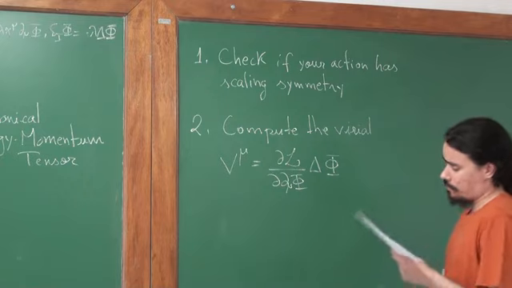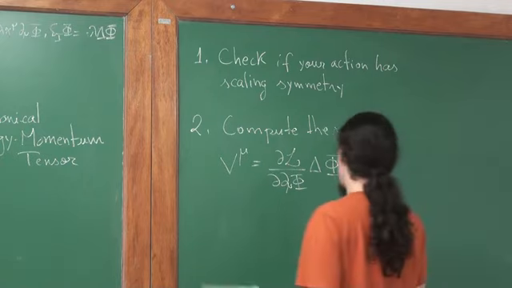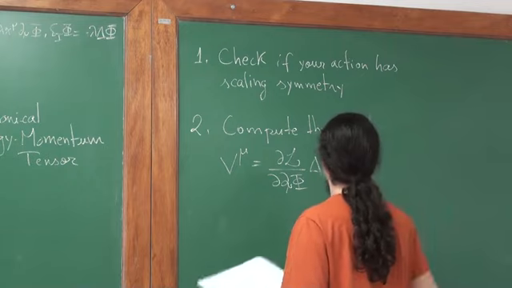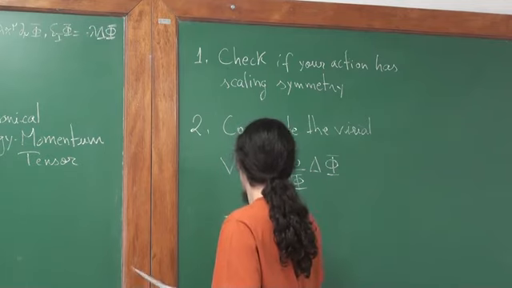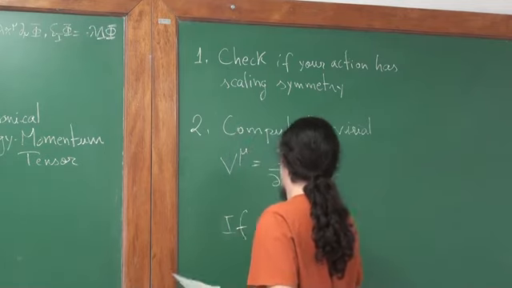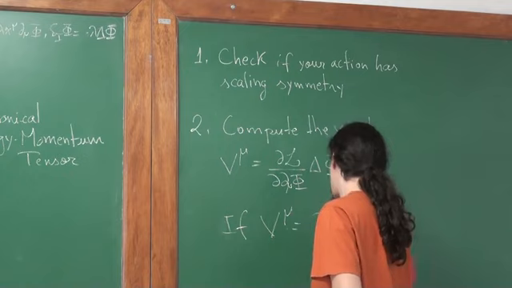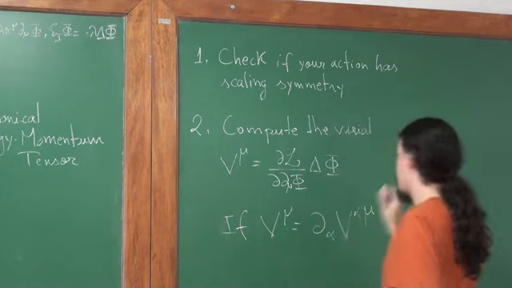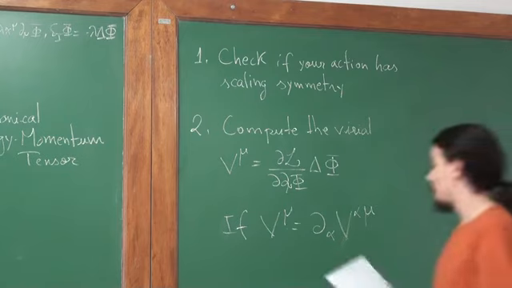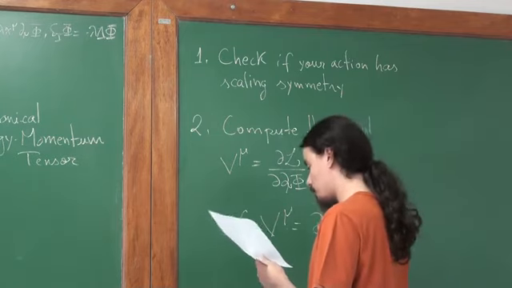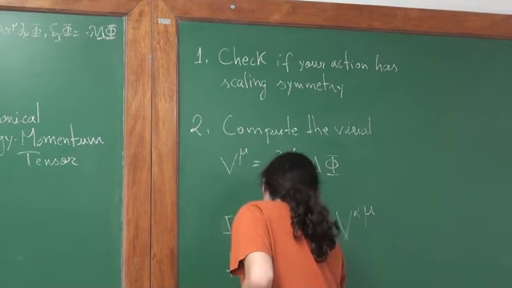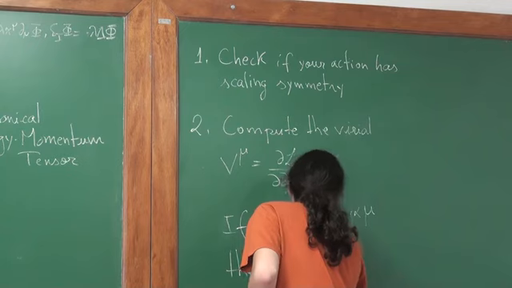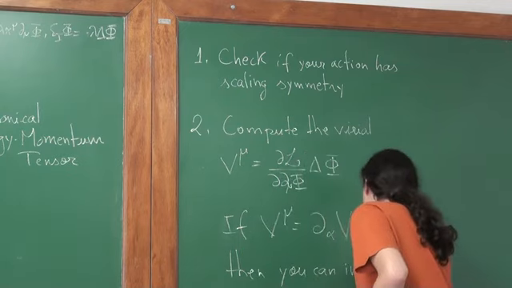The complete proof is painstaking work, but the result is that if you can write this virial current as a divergence of some other tensor, like this, then you can improve your energy momentum tensor.